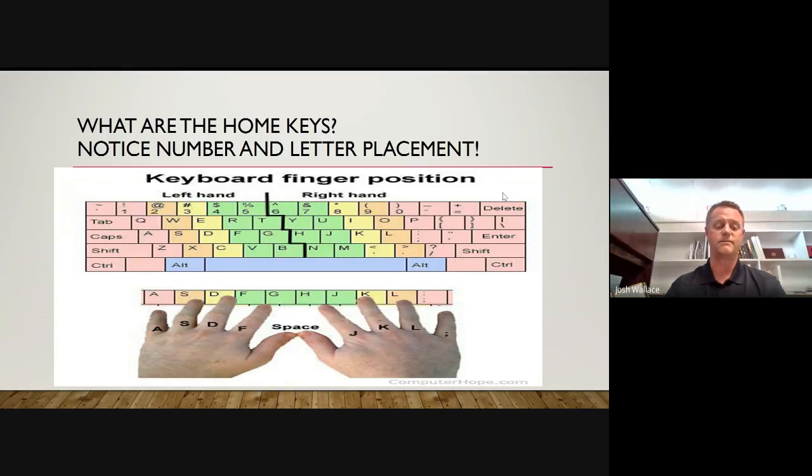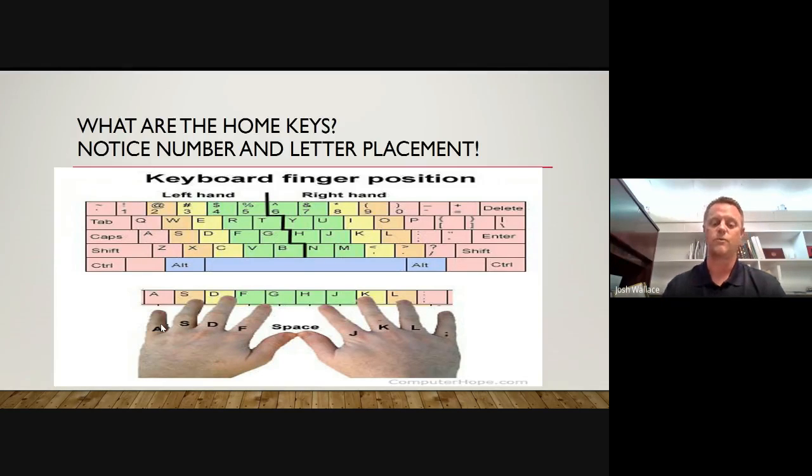The home keys are ASDF, JKL, semicolon, and your thumbs will be placed on the space bar. So you begin with your left pinky finger, place your left pinky finger on the A, and so forth through S, D, and F. Your thumb would rest on the space bar, not pressing it, and this is just resting position.